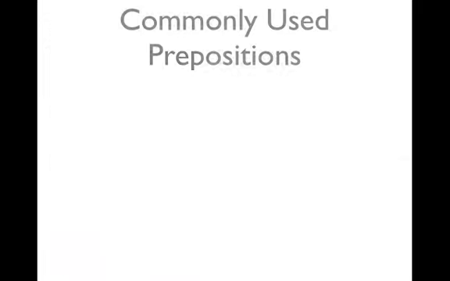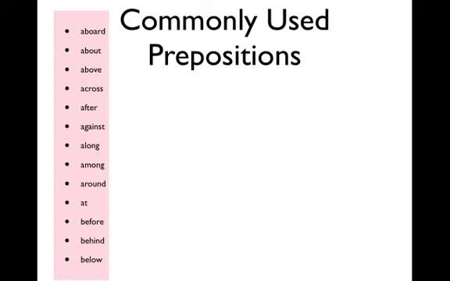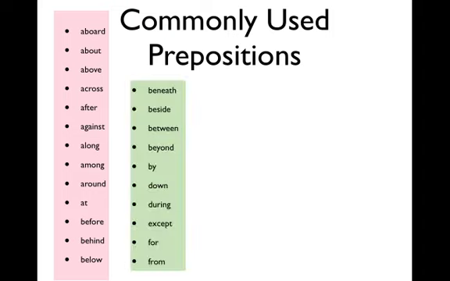All right, now let's look at some commonly used prepositions. You may write all of these down if you wish, or you can simply refer back to the piece of paper that I handed out a few weeks ago that you should have in your binder still about all of the commonly used prepositions in the English language. Aboard, about, above, across, after, against, along, among, around, at, before, behind, below.